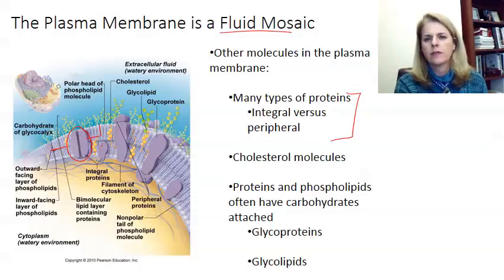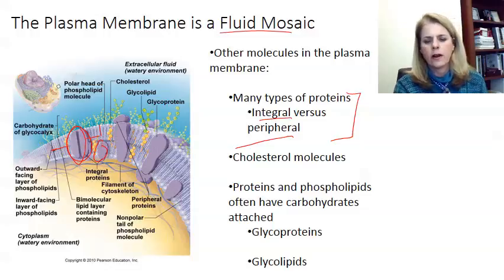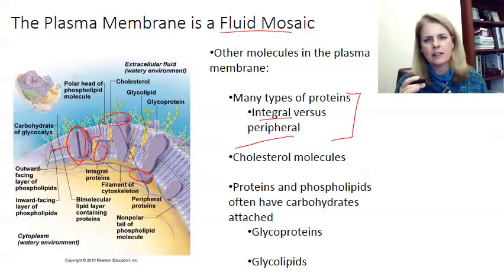You're going to have some things called integral proteins and some peripheral proteins. An integral protein is something that would go all the way through, or is kind of on the inside, whereas a peripheral protein is something that's kind of on the outside layer, so kind of outside the membrane. So if it's inside the membrane or crossing the membrane, it's an integral protein. If it's kind of on the edges, it will be a peripheral protein.